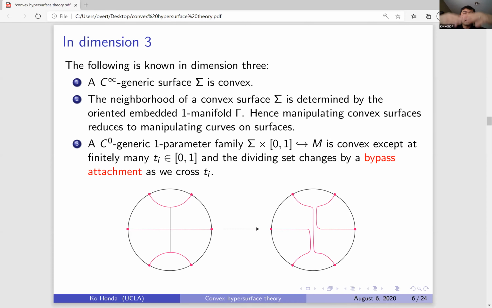Then this thing is convex except at finitely many times Ti. And the dividing set changes at these singular moments, or bifurcation moments, by a bypass attachment as we cross this Ti. So the left-hand side is before and the right-hand side is after, and the red things are portions of the dividing set.